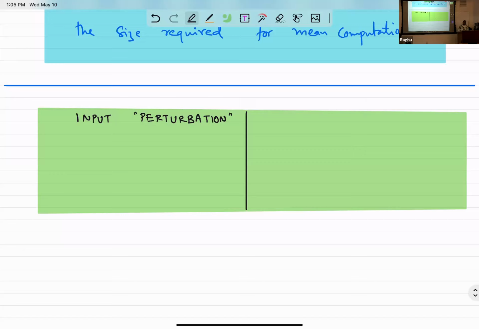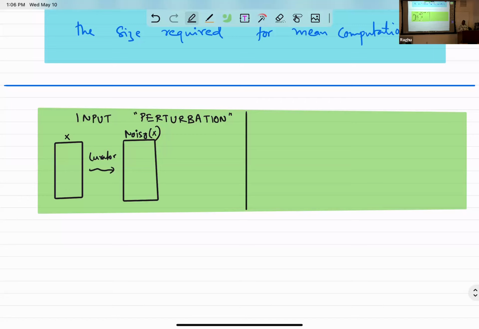So what the curator is going to do is take your database, this is your database X, and perturb it in some way, like some noisy version of X. Then answer something based on the noisy version.